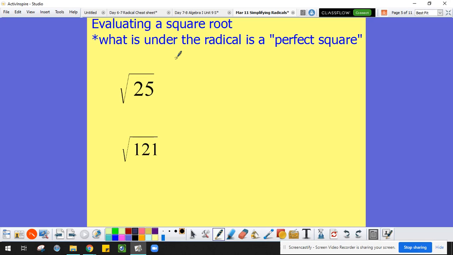So when it's a perfect square underneath, it's pretty easy to evaluate a square root. What can I use twice to get 25? 5. So the answer to the square root of 25 is 5. What can I use twice to get 121? 11. So the square root of 121 is 11.